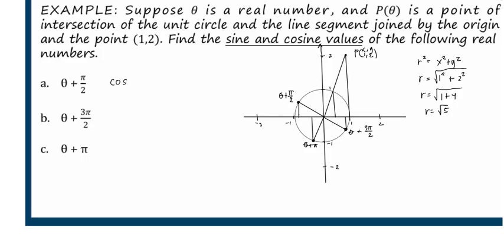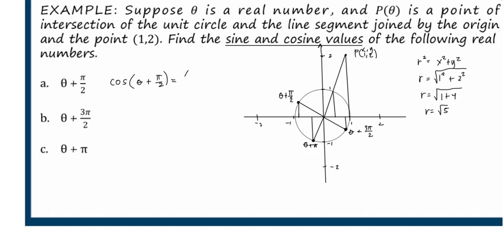So, that is cosine of theta plus pi over 2, which is going to be equal to x divided by r. So whichever your x there, which is 1, divided by r, will be our value. Is it our x?